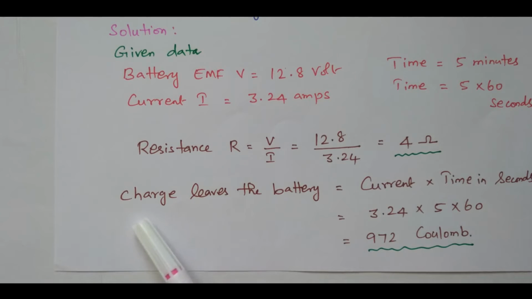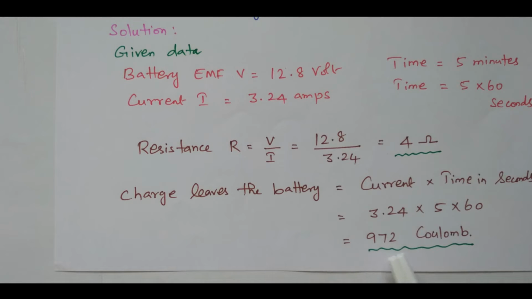And what is the charge leaving the battery? Charge is nothing but current into time in seconds. Current is 3.24. Time is 5 minutes, 5 into 60 converted into seconds. So 5 into 60 gives 972 coulomb.